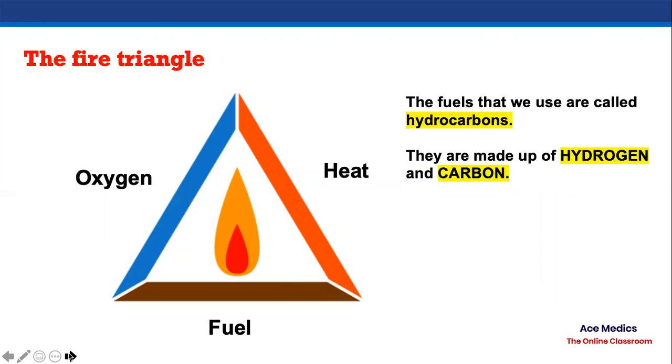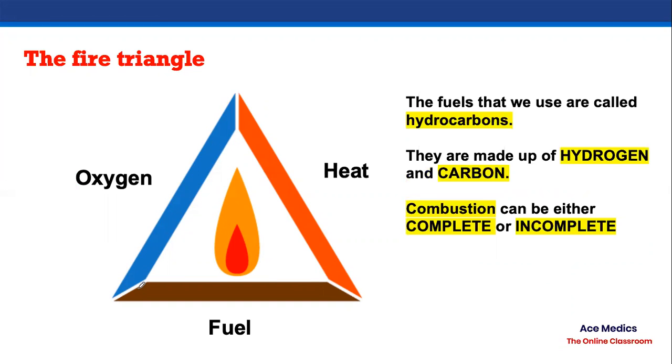So now we're going to look at examples of fuel then, right? So the fuel that we use is called hydrocarbons, okay? So hydrocarbons are examples of something we call fossil fuels.